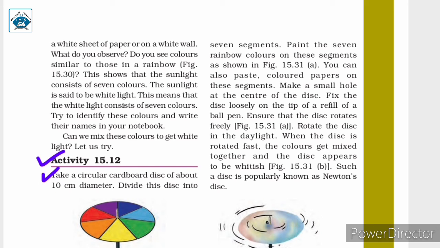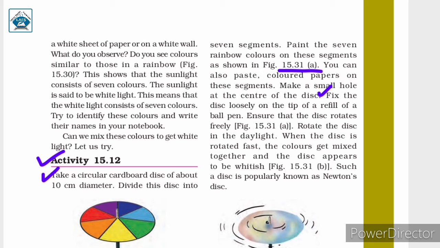Take a circular cardboard disc of about 10 centimeter diameter. Divide this disc into 7 segments. Paint the 7 rainbow colors on these segments as shown in figure 15.31a. You can also paste colored papers on these segments. Make a small hole at the center of the disc. Fix the disc loosely on the tip of a refill of a ball pen.